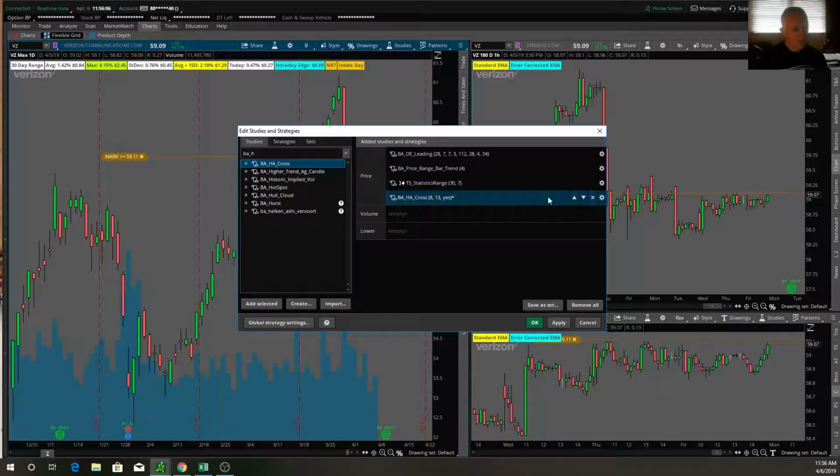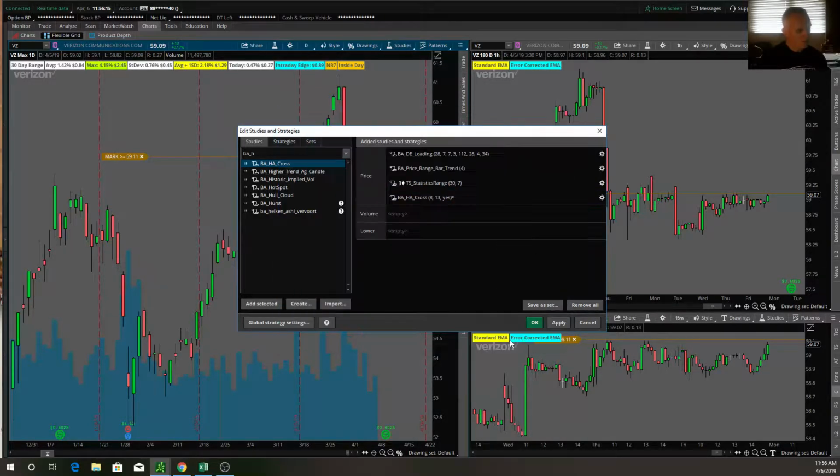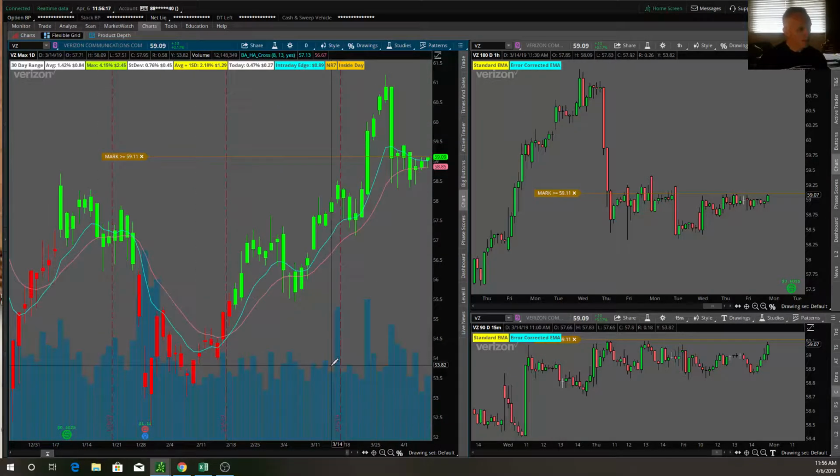I bring it in. First thing I want to do is go over here, click on the gear. I'm going to leave these moving averages up, and then we're going to come back and adjust them. You may want to leave the averages on there. I won't go into the mechanics of how the indicator's built.